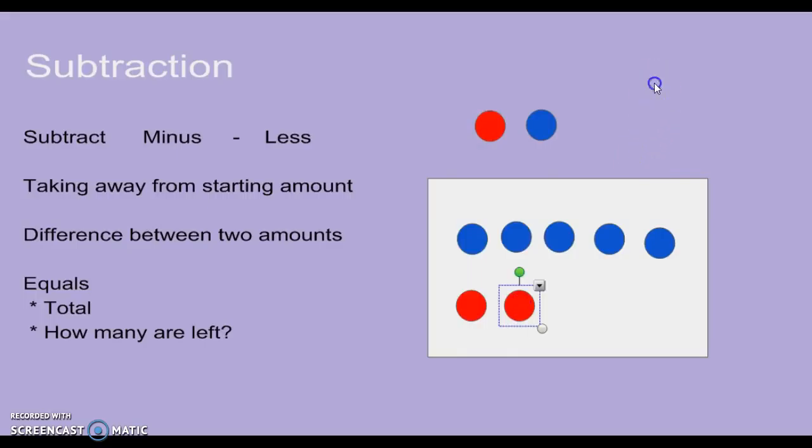How many more home runs did the Rockies have? What's the difference between the Rockies home runs and the Cubs home runs? What I want to do here is, from my Rockies amount, I want to take away however many are already the same. So I think I'll take these 2 that are lining up.